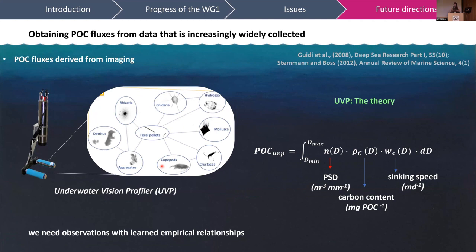So we are still missing a lot of data to fully understand the gravitational component, and linking imaging from UVP or mixed data, which are both increasingly widely collected, should clearly help. So in theory, for the UVP, the POC fluxes could be estimated from the particle size distribution, carbon content, and sinking speed.